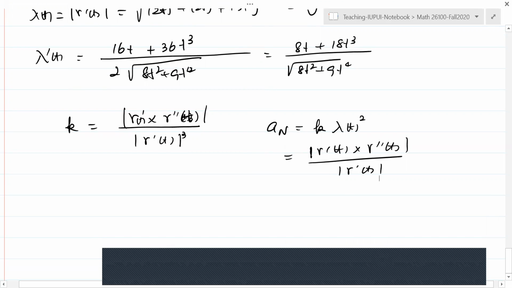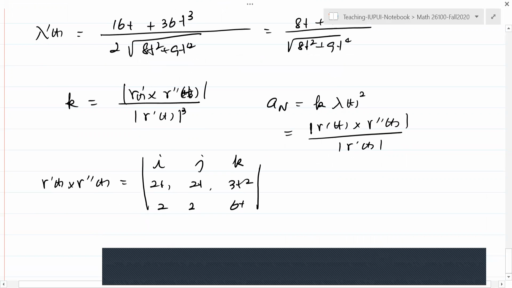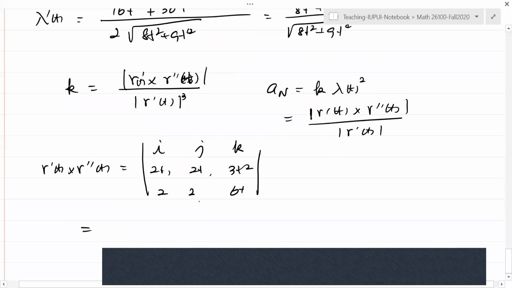All right, so I need to find the cross product. Okay, how to do that? So i, j, k. I remember the first derivative 2t, 2t, 3t squared. Then second derivative 2, 2, 6t, just differentiate again. When you do the computation, the first component is 2 times 6t, 12t squared minus 6t squared.